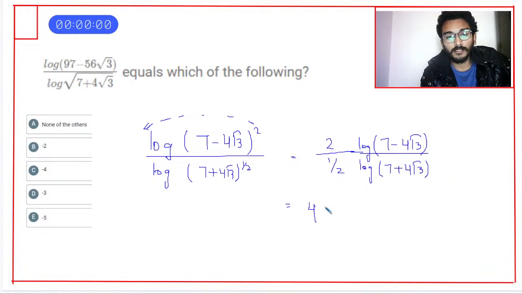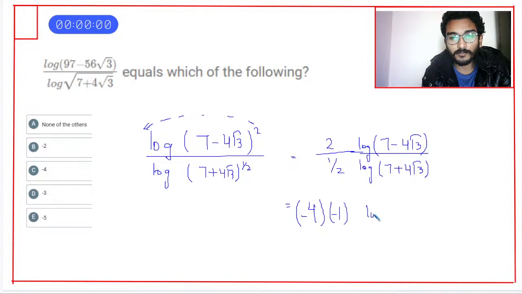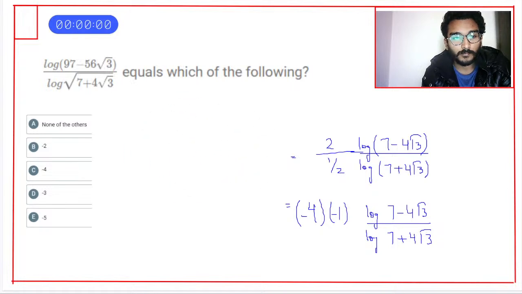which is 4. Now I have to make an option in terms of minus 4. So if I do minus 4, I can say this minus 4 can be, this is my 4, okay, first of all, that's my 4. I haven't changed anything right now. But I can take this minus 4, this minus 1 as the power of this bracket.